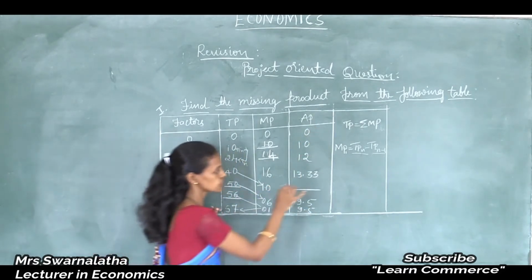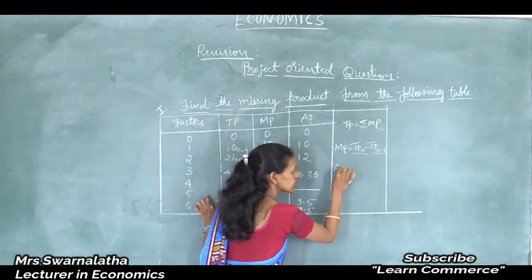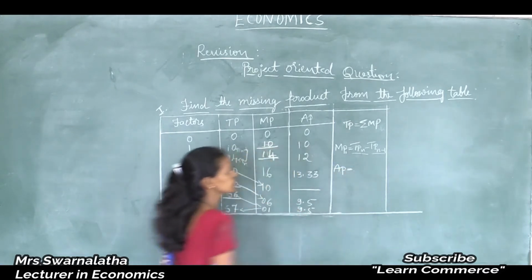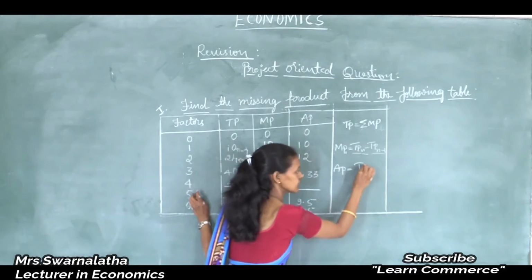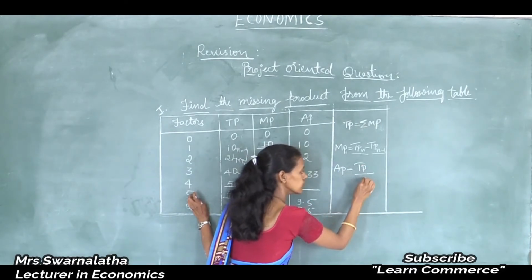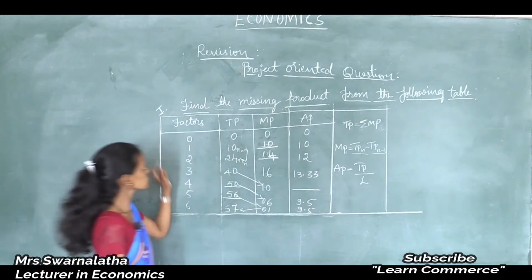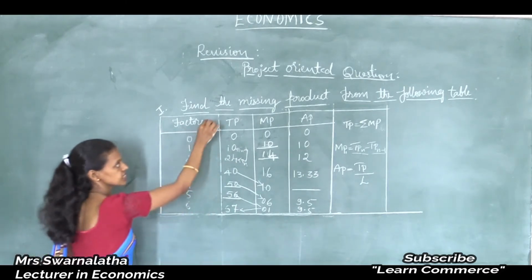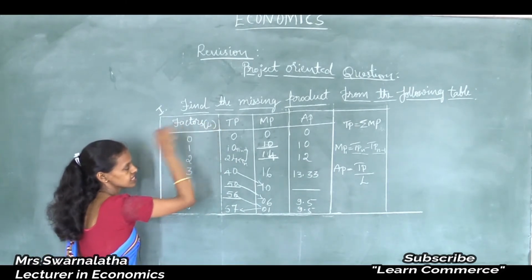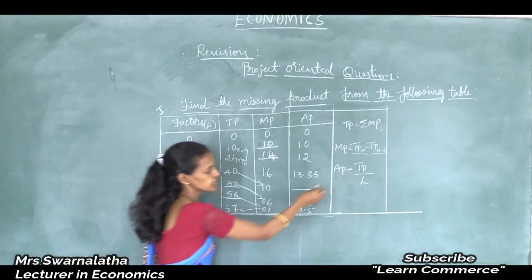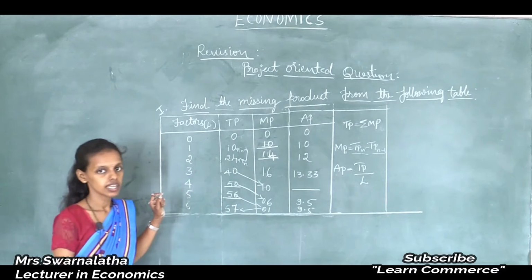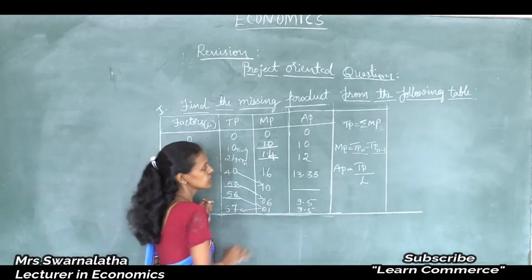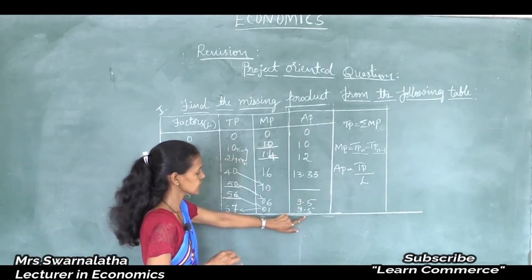Average product is denoted by AP. AP is equal to TP by L. L means factors. Factor is represented as L in units, labor units. Thus, AP, the average product, is equal to total product divided by labor, that is L. So now you are going to see the AP column.